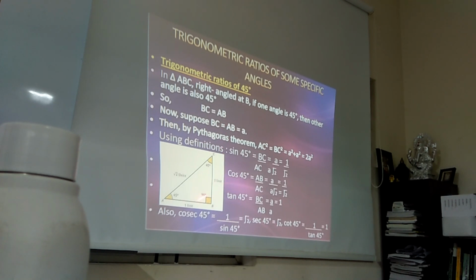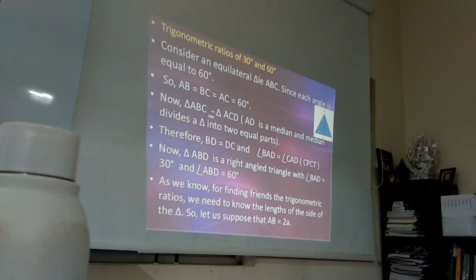If this is 1 unit, this is 1 unit, and this is root 2 units by Pythagoras theorem. So sine of the angle 45 degree will be 1 by root 2. Cos of the angle will also be 1 by root 2. And then tan of the angle will be 1 by 1, that is 1. For the same ratios, we will draw like this for 30 and 60 degree.